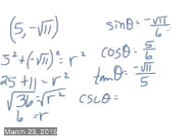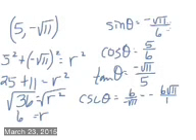If I flip this one over, what do I get? 6 over negative root 11. But I can't have that. So I end up with negative 6 root 11 over 11. Oops. That's not the one I wanted to put that on.